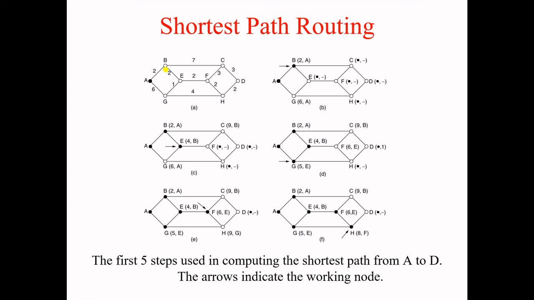I have already told you about the header. Header contains the address of sender and receiver and the time to live field. Time to live means how much time it will survive in the network before reaching the destination. So there is TTL, time to live.